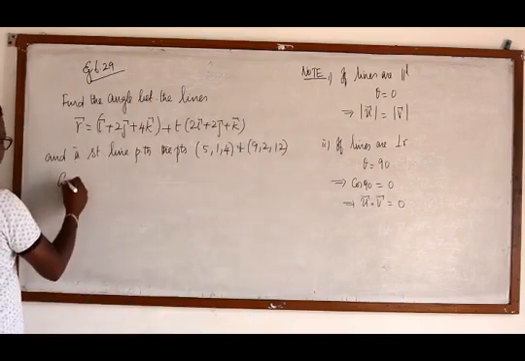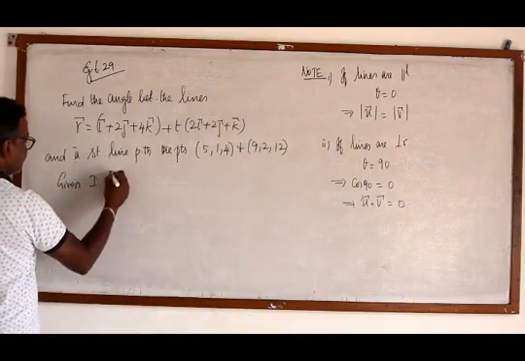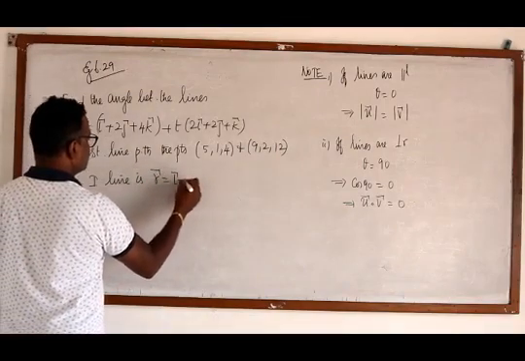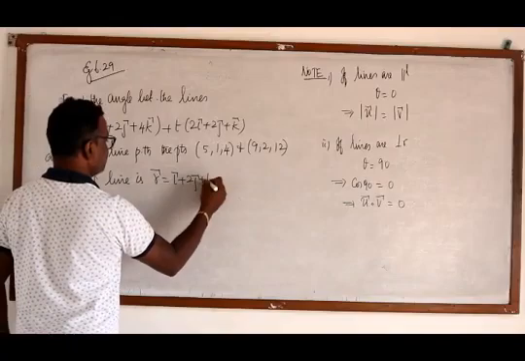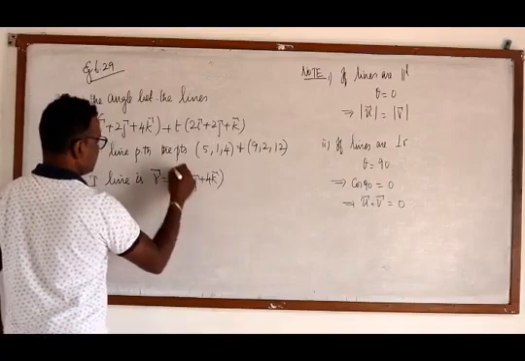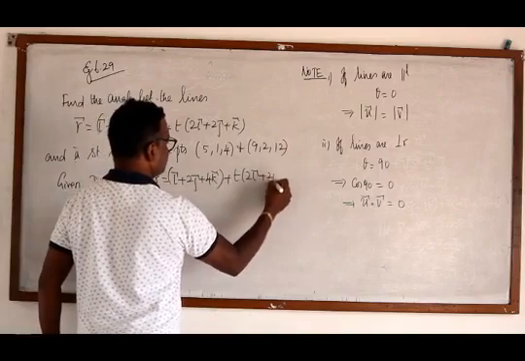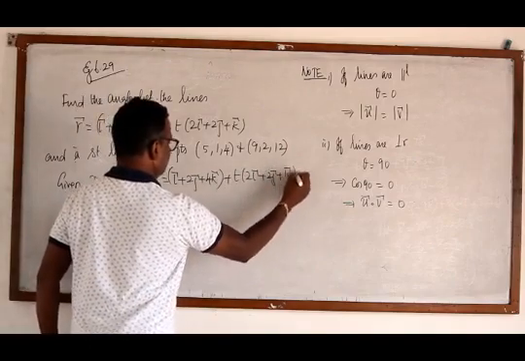Now, the given first line is r vector equal to i plus 2j plus 4k plus t into 2i plus 2j plus k.